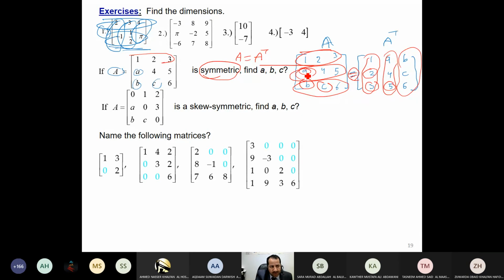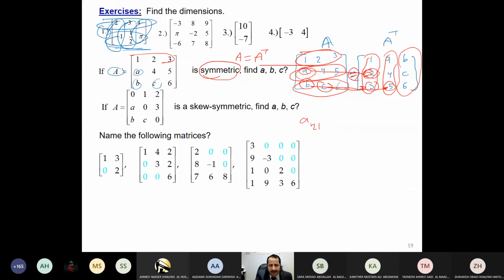This element, which is A, is in row 2, column 1, and the same thing here, 2 is the element in row 2, column 1. So they are supposed to be equal. This B is supposed to equal 3, and this C is supposed to equal 5. Clear? Yes, doctor, it's clear.